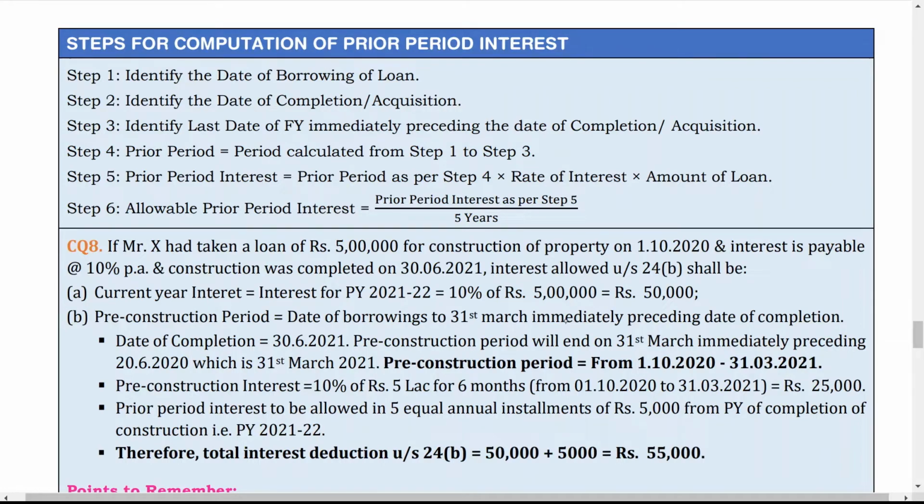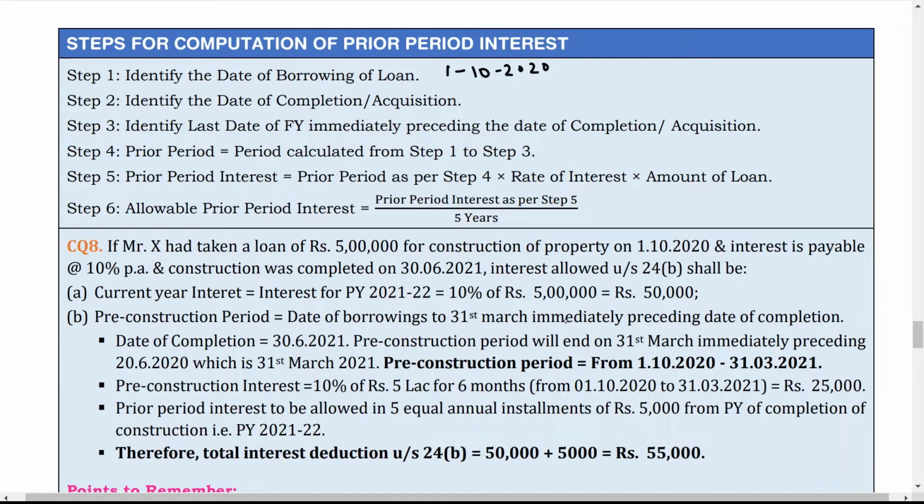From this sentence we get the date of borrowing: 1/10/2020. Now interest is payable at 10% per annum and construction was completed on 30 June 2021.